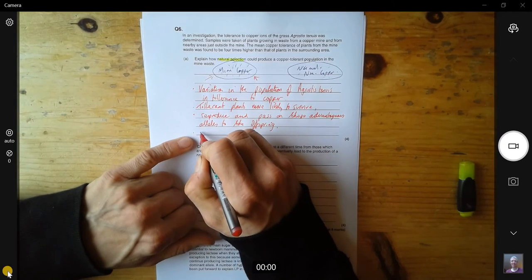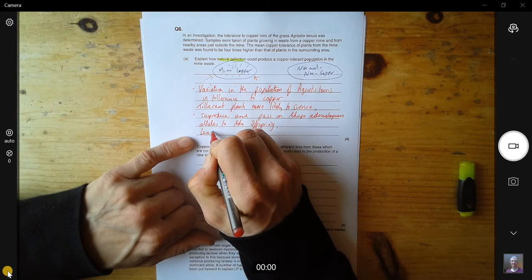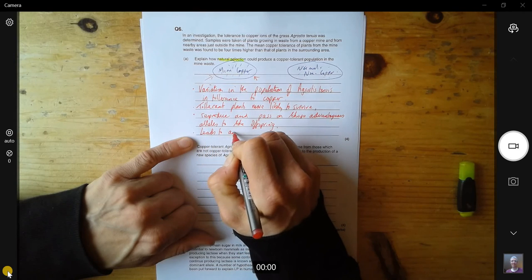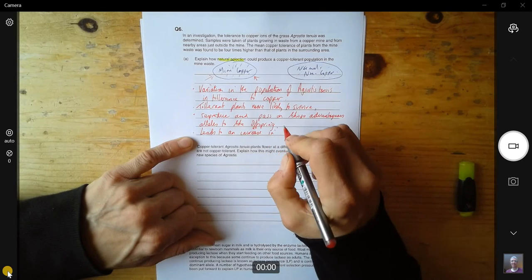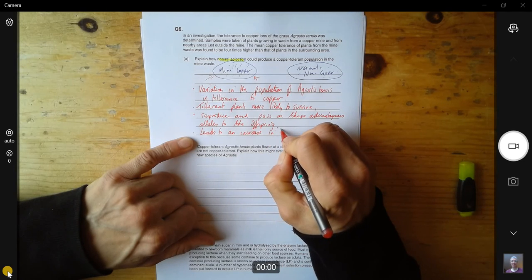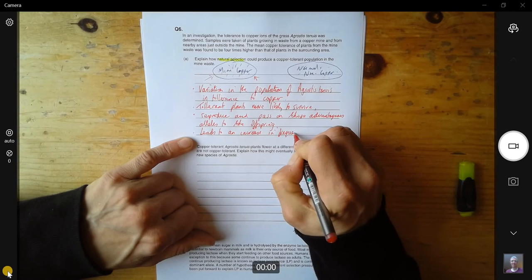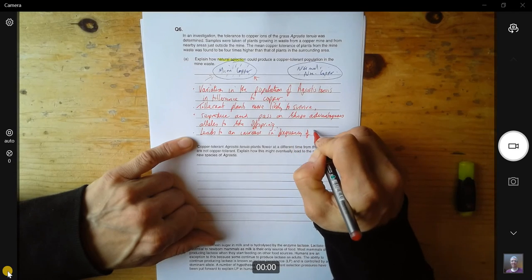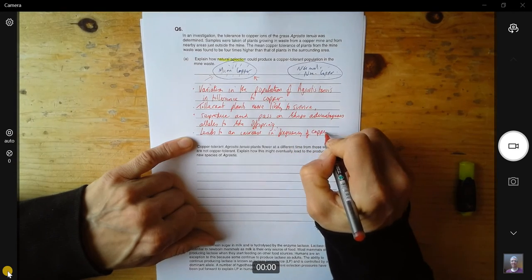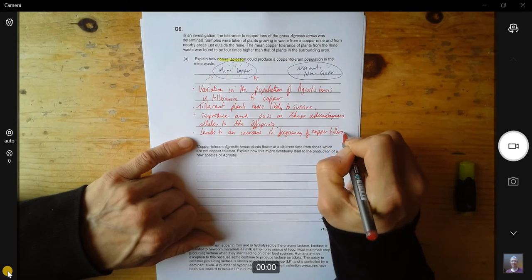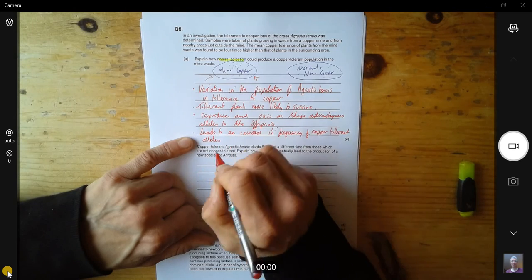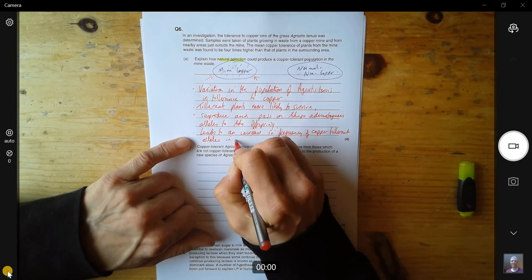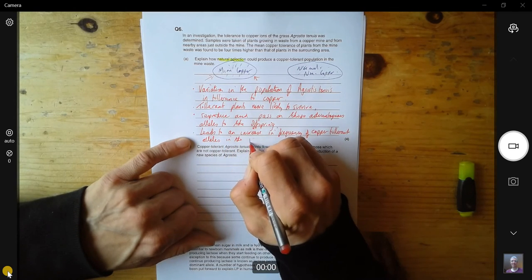So leads to an increase in the frequency of copper tolerant alleles in the population.